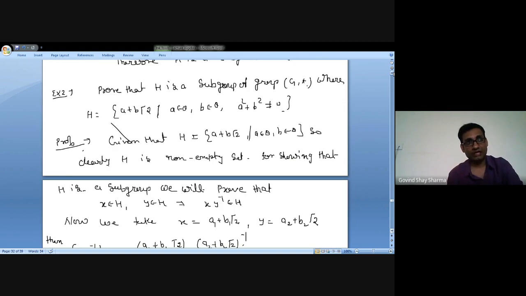So H is a non-empty set. To show H is a subgroup, we will prove that x belongs to H and y belongs to H, then x y inverse belongs to H.